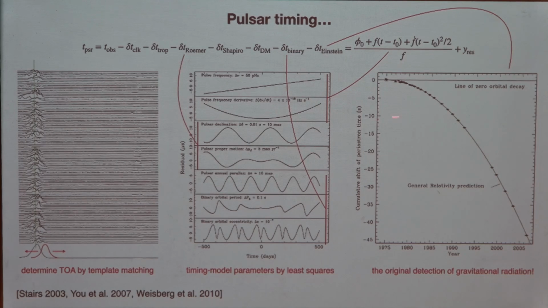This is a plot of the Hulse-Taylor pulsar, discovered in '73, where they were able to monitor the period of the binary. Using this technique, just seeing all these pulses, you'd measure it every month or every week, fit all these parameters, look at the evolution and see that it matches the general relativity prediction very well.